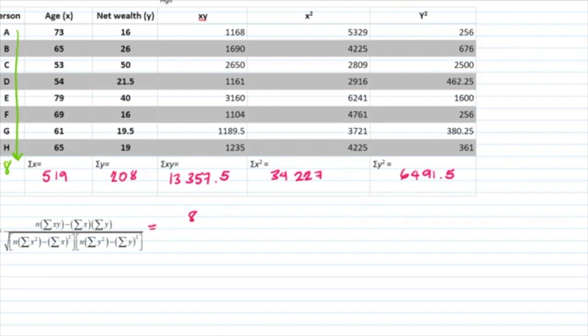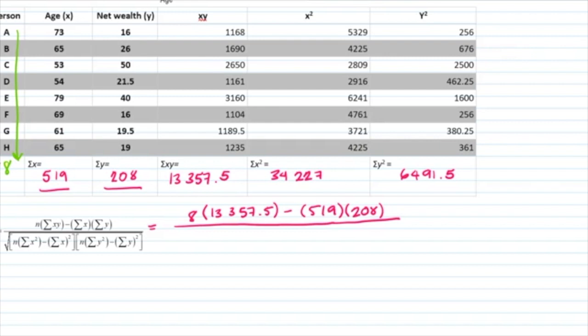Okay, now that we have the sums, let's actually calculate the correlation. So it's going to be 8 multiplied by the sum of x times y, which is 13,357.5, minus the sum of x, which is 519, times the sum of y, 208.